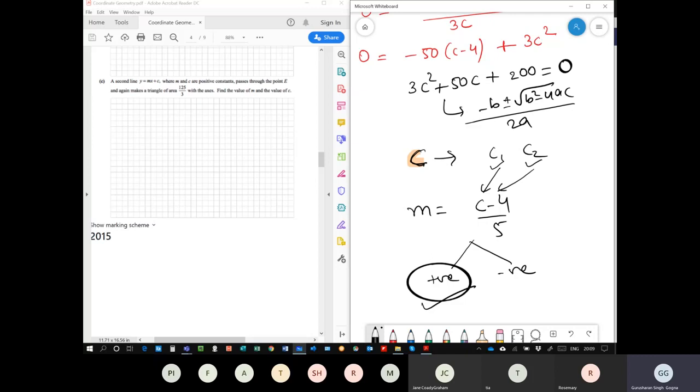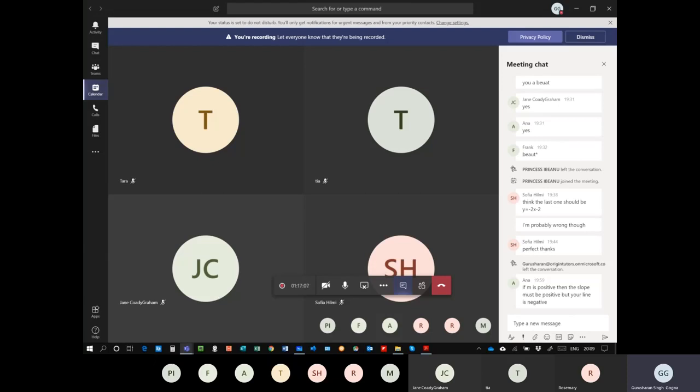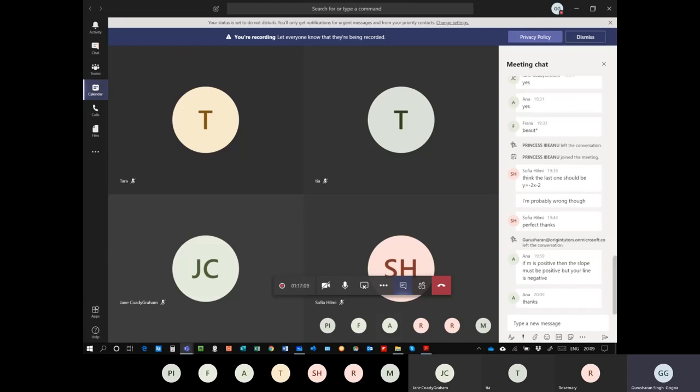And you can just ignore the negative answer because they said at the start it's positive. But that is not going to change or reduce your calculation for this question, because you will make equations and automatically you will get two answers. Okay, so is this what you were asking, Anna?